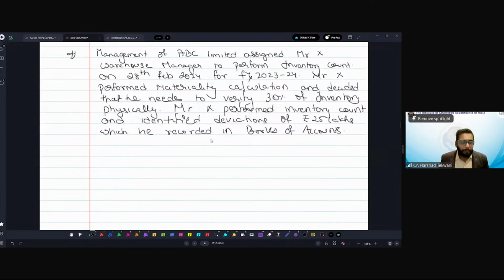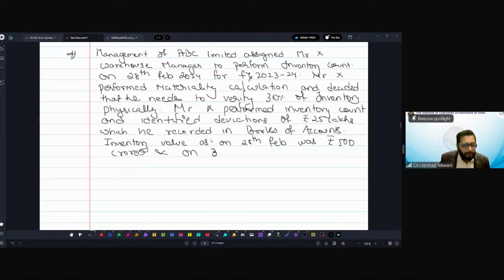I'll give you one more thing. Inventory value as on 28th Feb was rupees, let's say, 500 crores, and on 31st March it was rupees 600 crores.